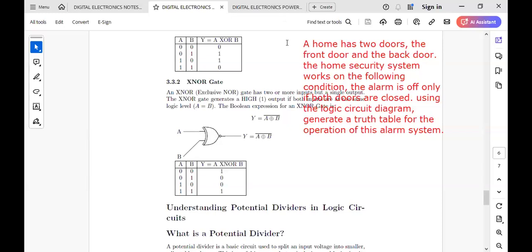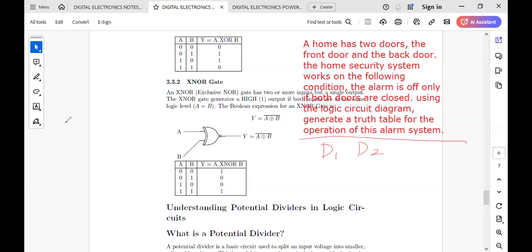Okay, let's try to figure it out. Let's say we have D1, the first door, and D2, the second door.